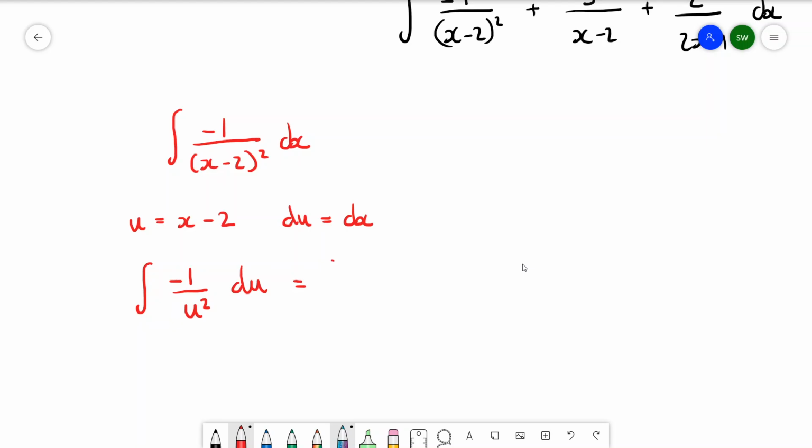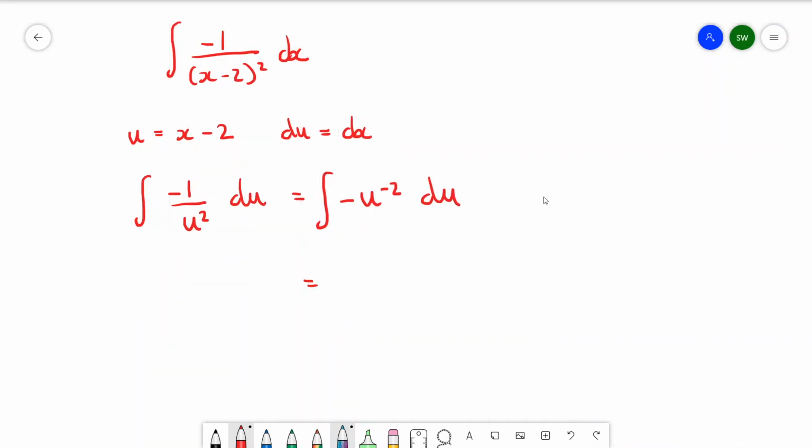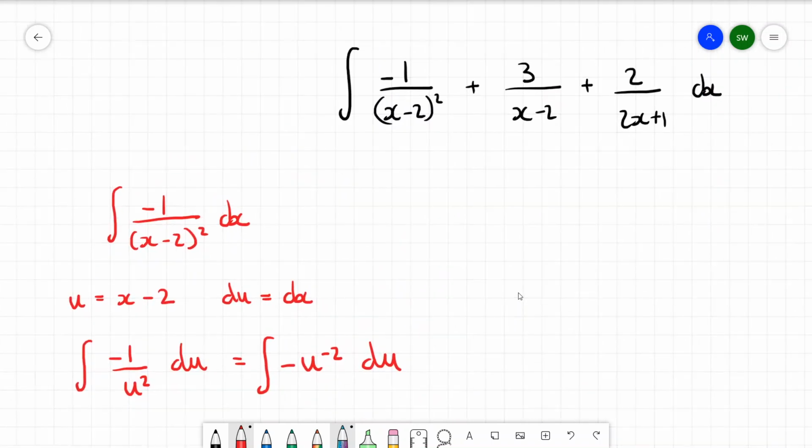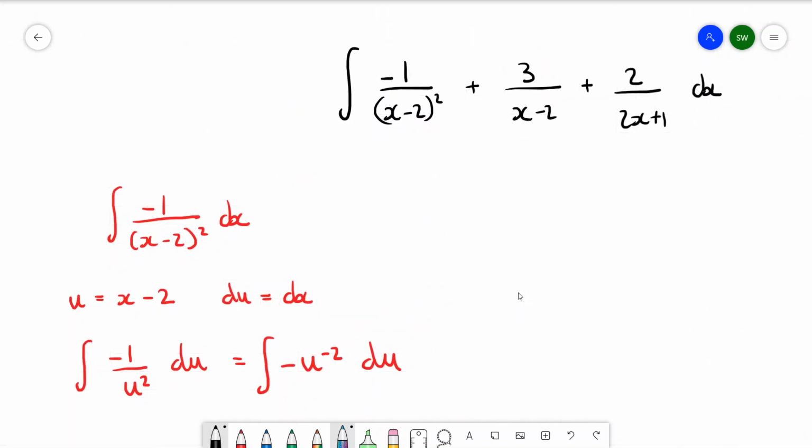So if we integrate this, we're going to use the fact that 1 over u squared is u to the minus 2. So we can write this as minus u to the minus 2. And if we integrate that, we're going to increase the power by 1 and then divide by the new power. So we're actually going to get plus u to the minus 1. But remember that u is just x minus 2. So when we're writing down our integral, we can write that as x minus 2 to the minus 1.